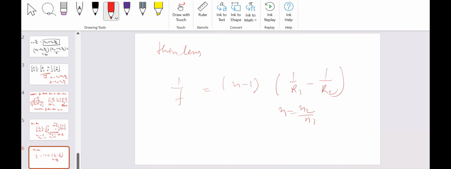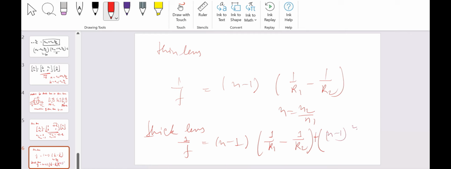That's the relation. And for thick lens 1 by f is basically n minus 1 by r1 minus 1 by r2, and here comes the additional part, n minus 1 whole square t by n r1 r2. So always remember that part.